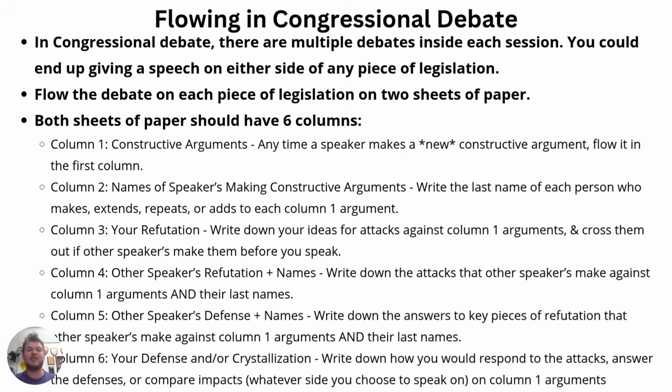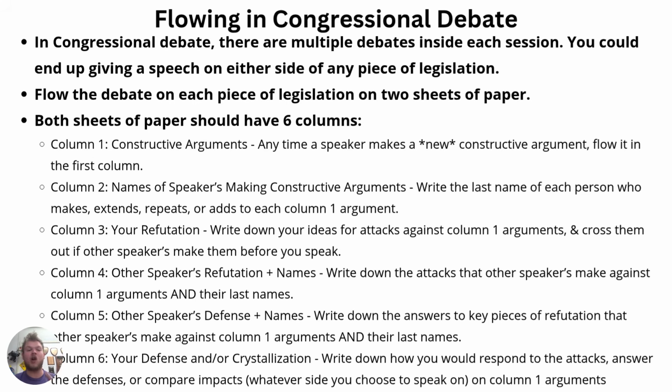So anytime that somebody makes a new argument that hasn't been said before, you would leave a finger or 2 worth of space in that first column and then write it down. In the second column, you want to write down the last names of the speakers who have made each of these constructive arguments. So instead of writing the attack down in the second column, write down just the name of each person who makes the argument or extends the argument or repeats the argument.